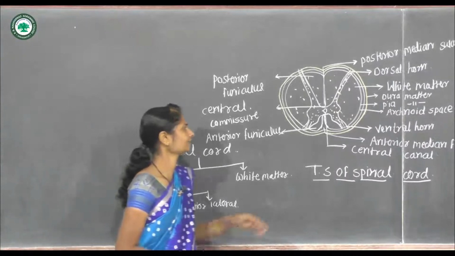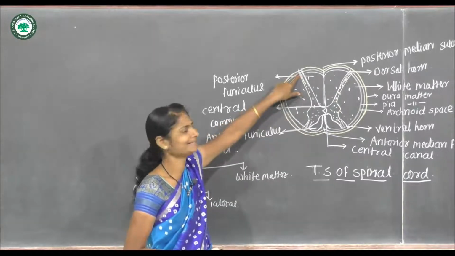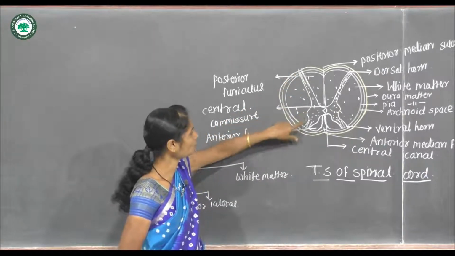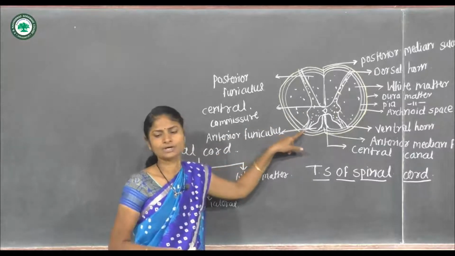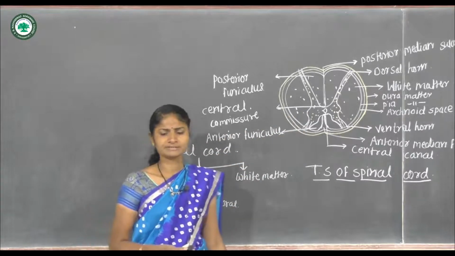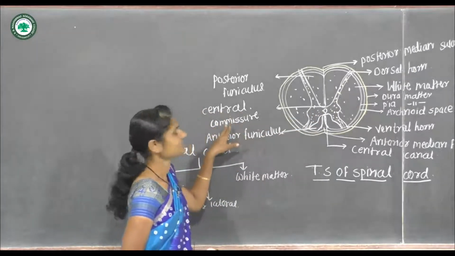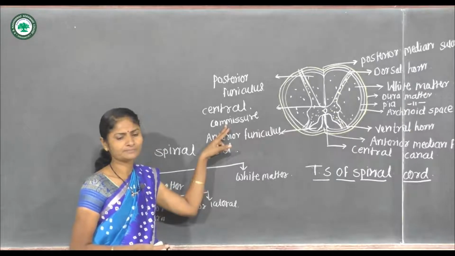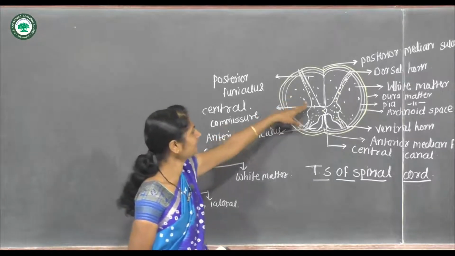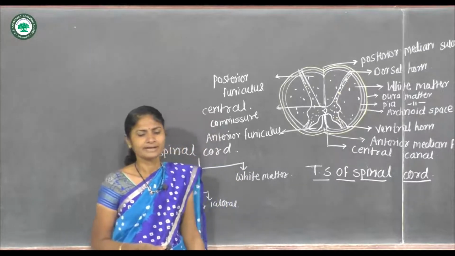Here we observe in this diagram, the gray matter divided into anterior horn, lateral horn and posterior horn, and all these three are joined around the central canal with the help of the central commissure.